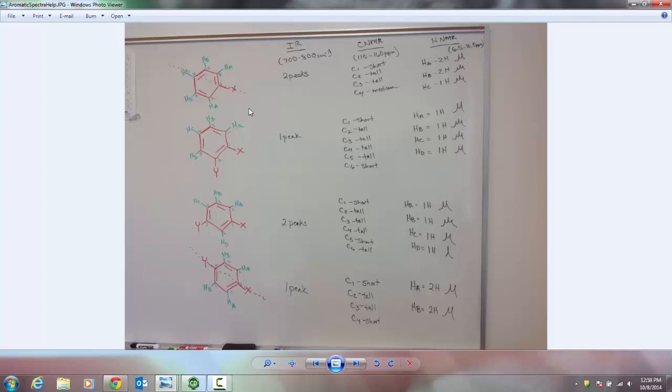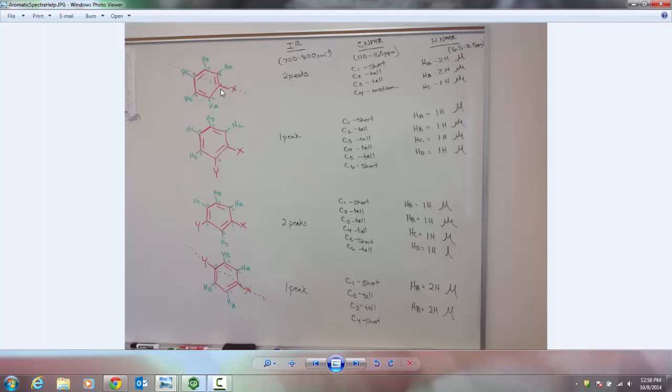You'll notice with the mono and the para, I've drawn a dotted line so that you can see where the plane of symmetry is in the molecule. I have numbered the carbons that are chemically unique in blue for each of these, and I have put the hydrogens in green so that you can identify them as you look at these structures.